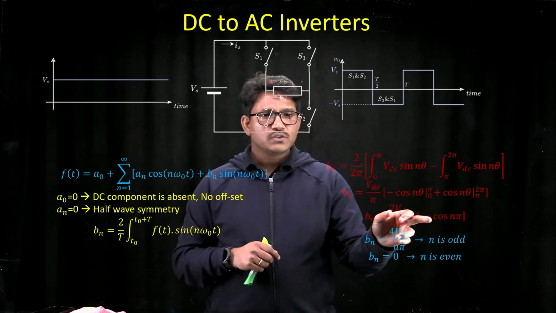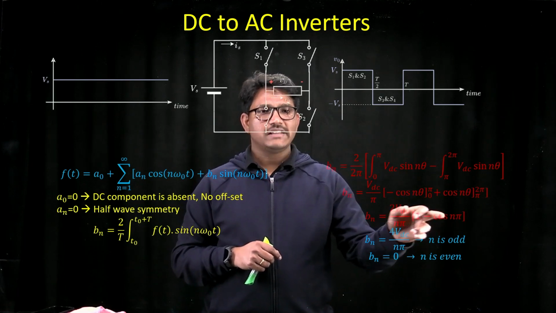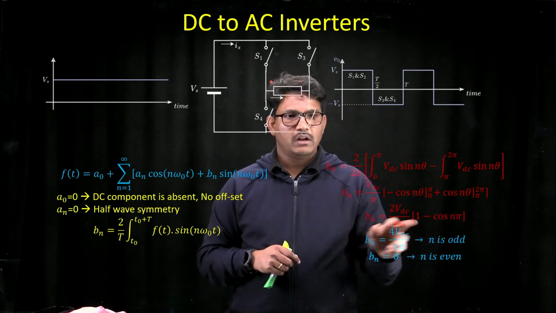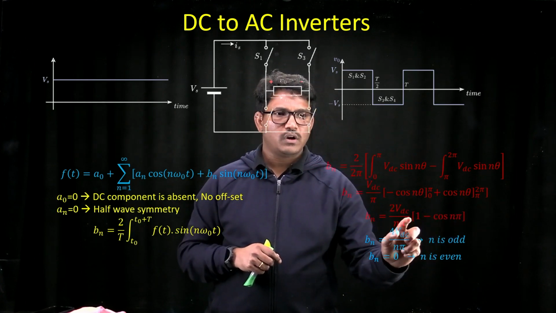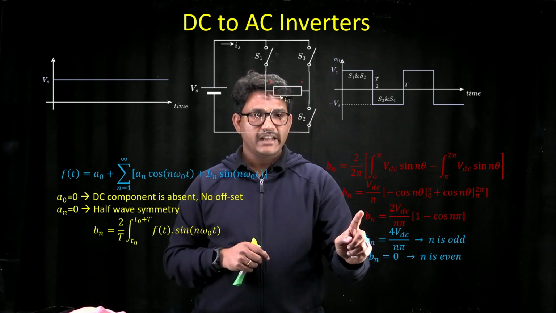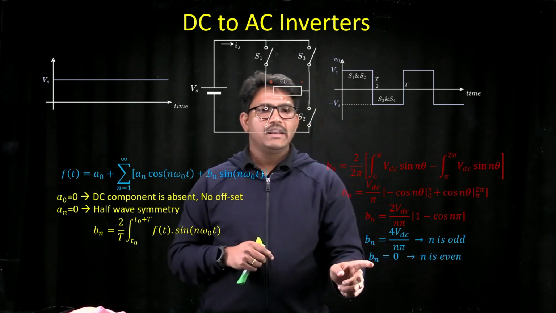Now, if your values of n are even, then cos n pi for all the even values is equal to 1. Now if cos n pi is equal to 1, 1 minus 1 will be 0 for us, so we have bn equal to 0, which indicates that for all the even values of n, bn is equal to 0.